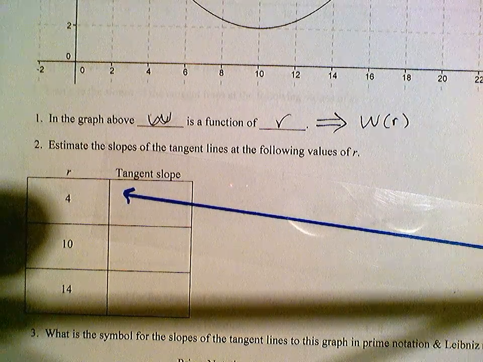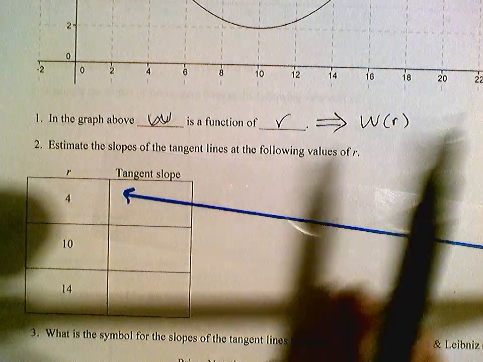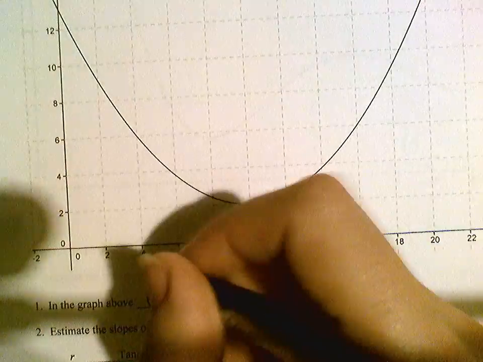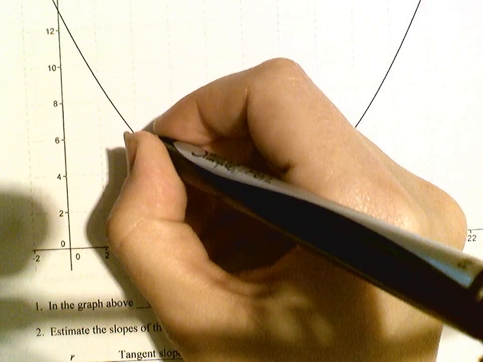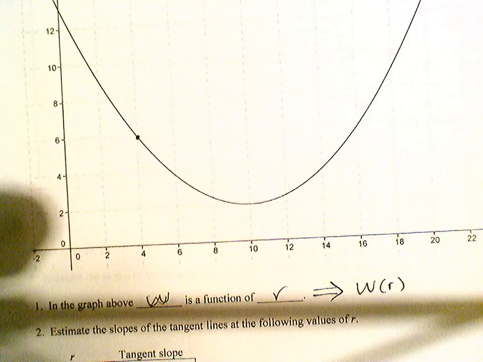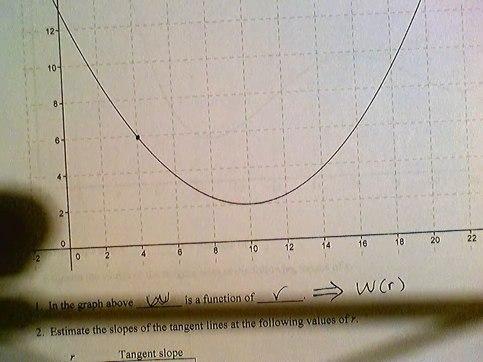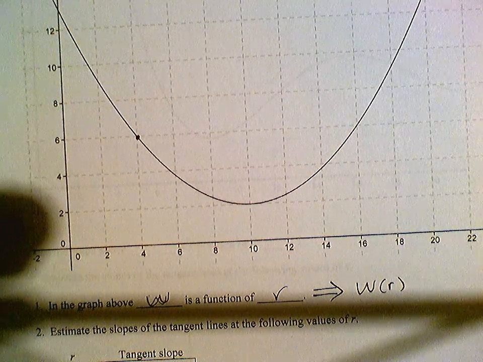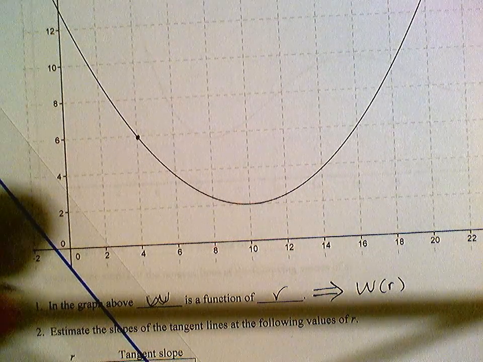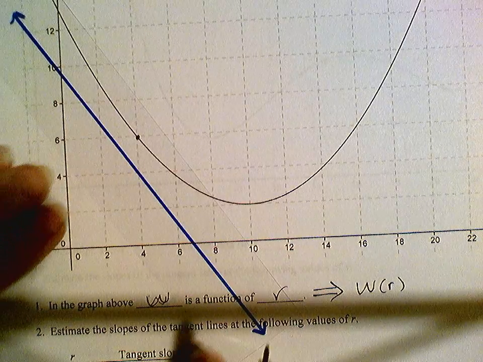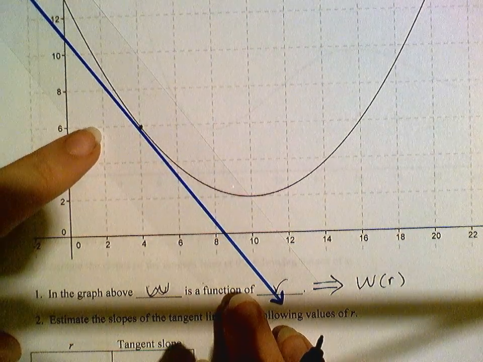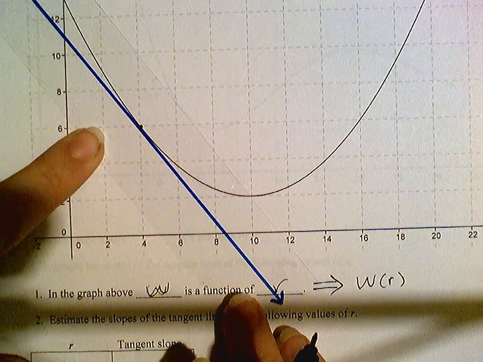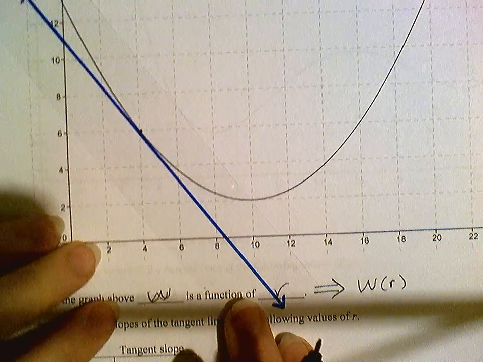So we're going to do the tangent line at R is 4. I go to my graph, find the point on the graph that corresponds to the input value, in this case the R value 4, and then I take my transparency and line it up so I have a tangent line.